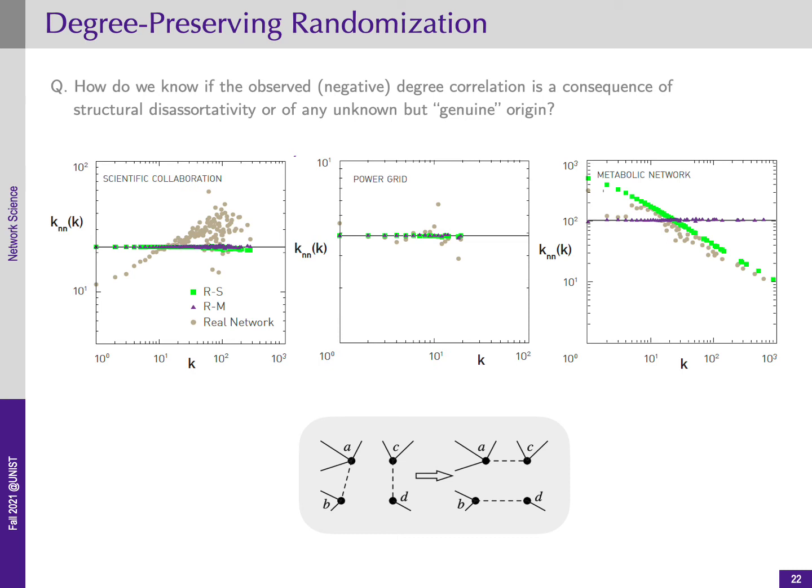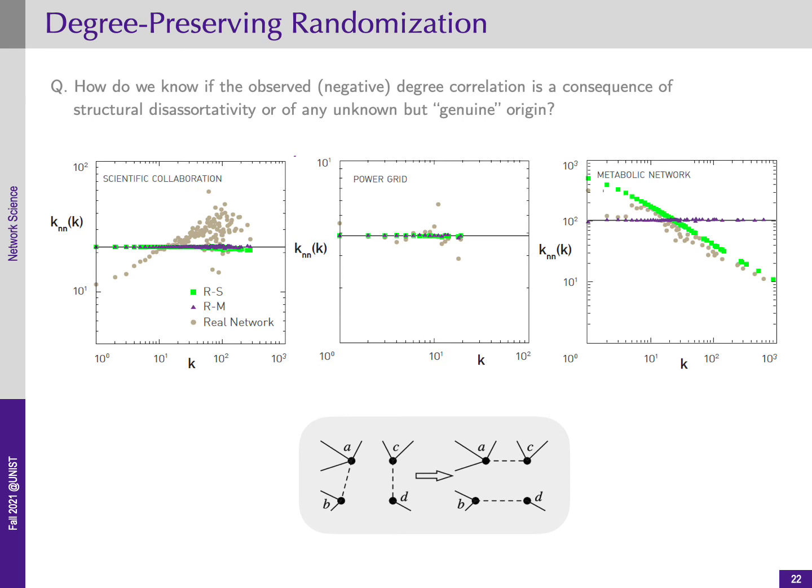So what does it mean? The empirical network itself was shown to have positive correlation, assortativity. But after this randomization, that assortativity is gone. What does it mean? This assortativity is not from any constraint due to the scale-free degree distribution. Okay, so it's a kind of genuine correlation.